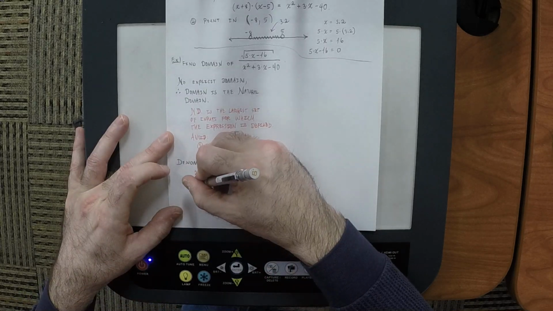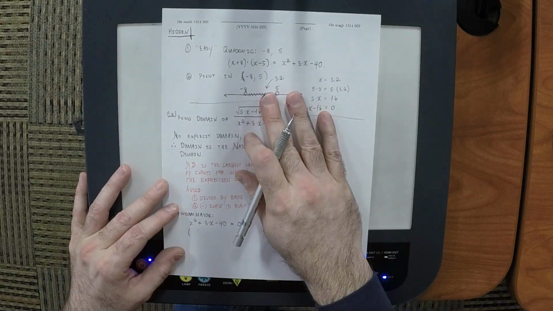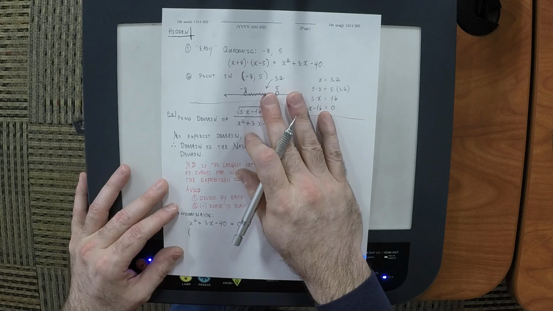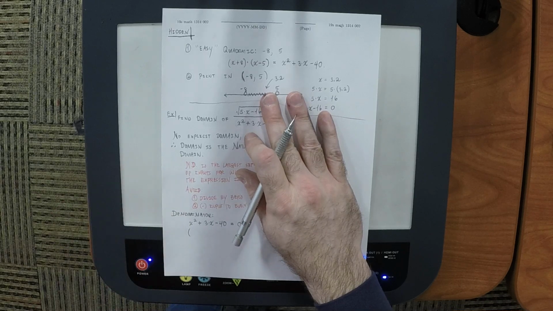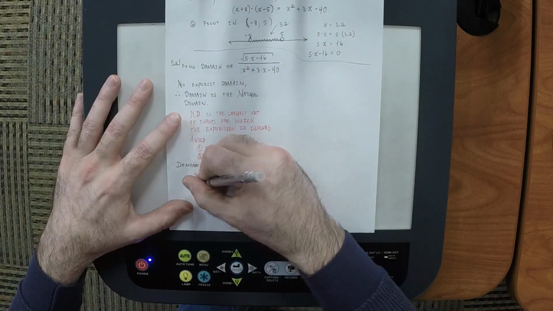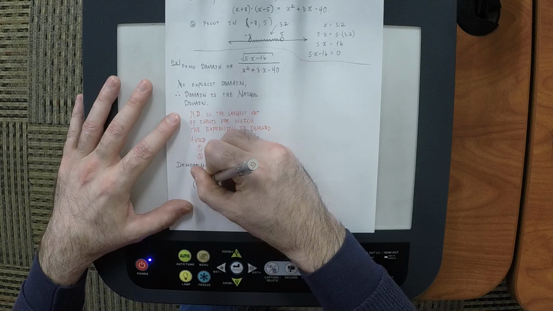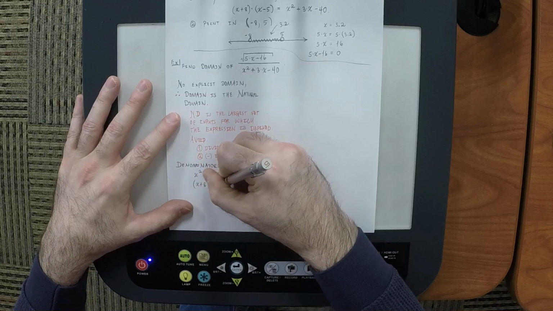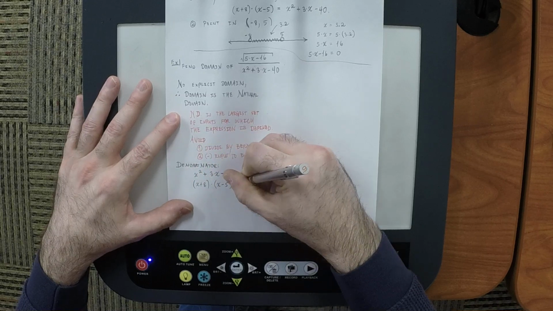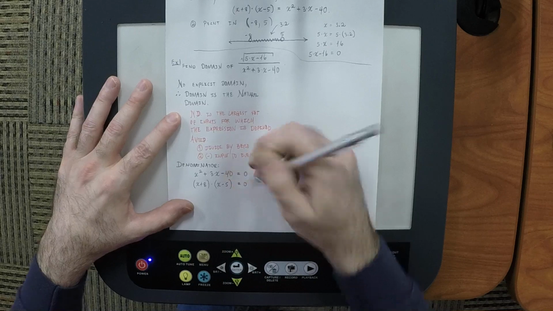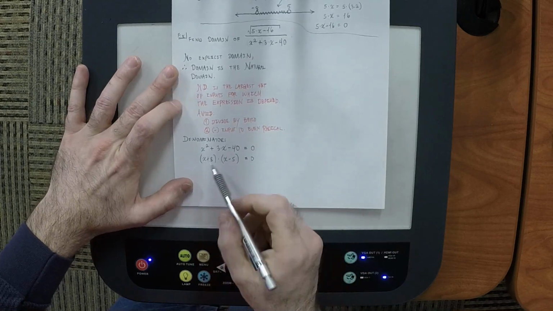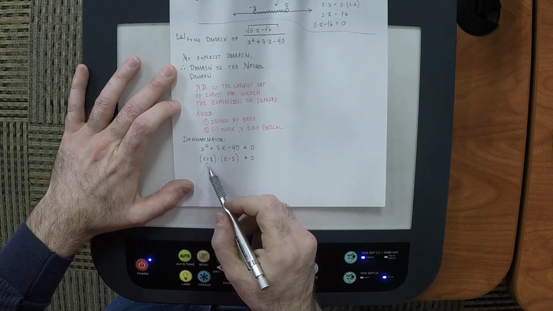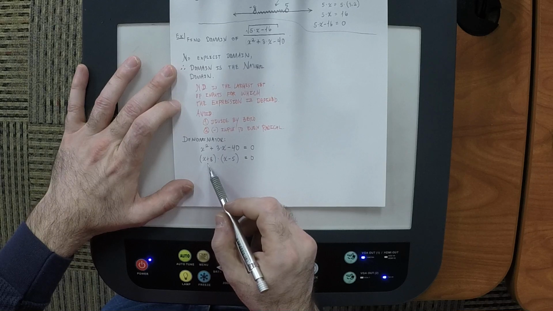So, all right. Does it seem kind of forced that we have the answer right there? Yeah, maybe. But I'm showing you the way these are made so that you can understand what it is that I'm looking for. So this is x plus 8 multiplied by x minus 5 equal to 0. And then now, can you see that, yeah, if you plug in negative 8, that factor would be 0.